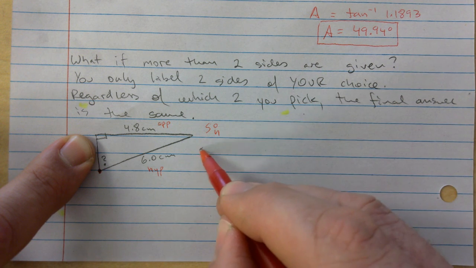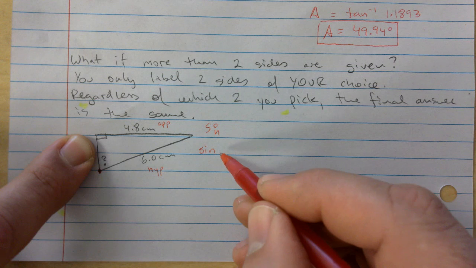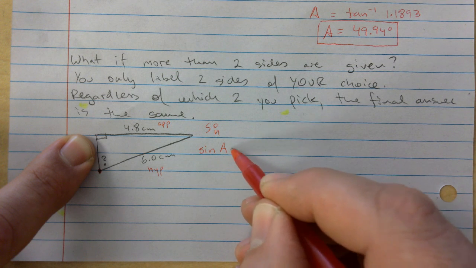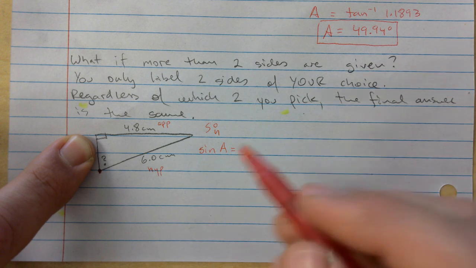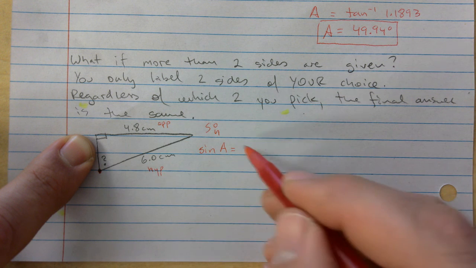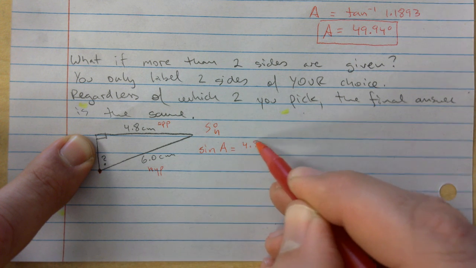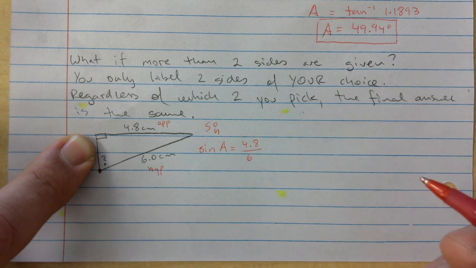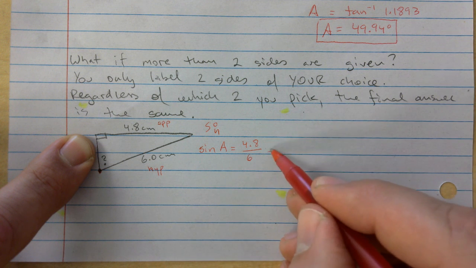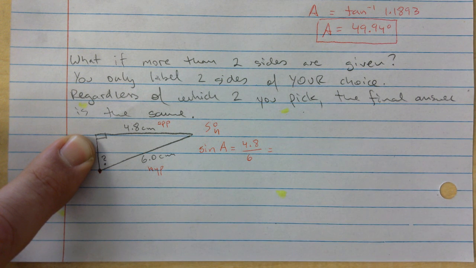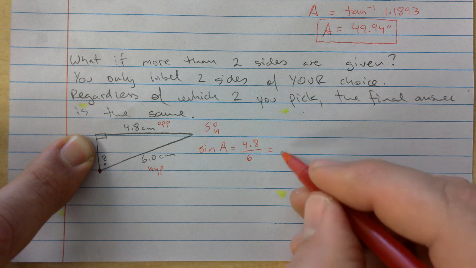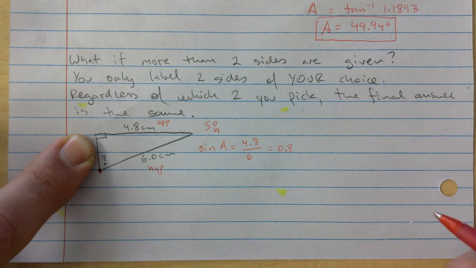So we're going to go sine of, we're going to give that a letter, any of your choice. I usually pick A. Sine of angle A is opposite over hypotenuse. I figure out what that is as a decimal, and that is 0.8 exactly. Boom. Right? Bang on.